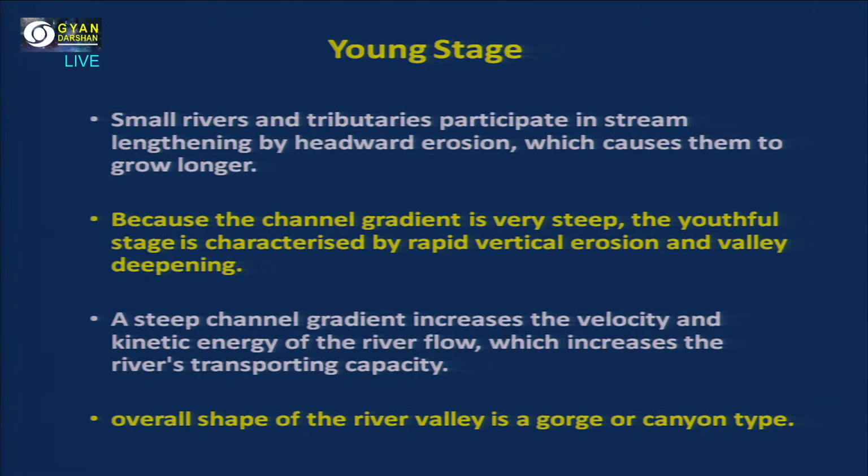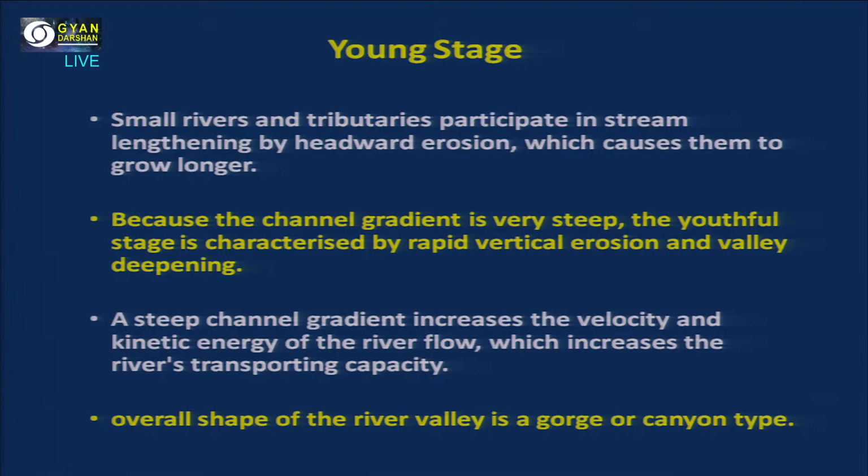And the second stage is the young stage. Now the young stage is characterized by a typical V-shaped valley, because there is a high elevation, and that leads to stream lengthening by headward erosion, and that causes them to grow longer.